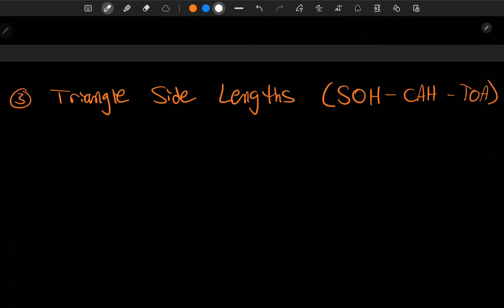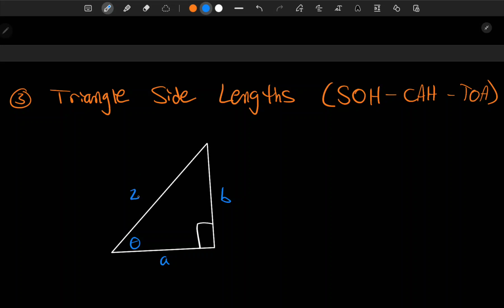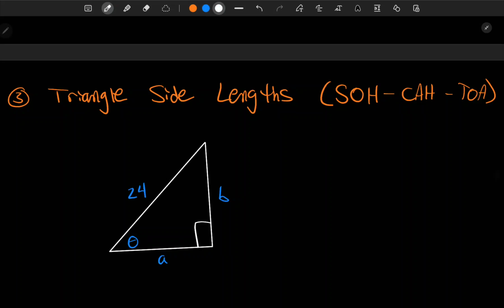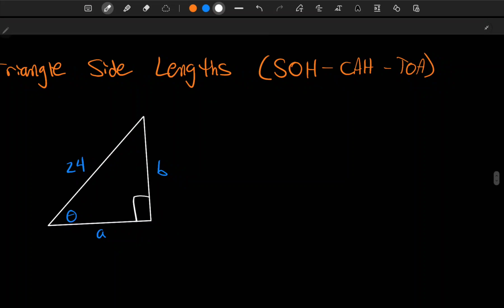So here, given some right triangle with some theta here and side lengths A and B, and the hypotenuse given by 24, we wish to find A and B in terms of theta.